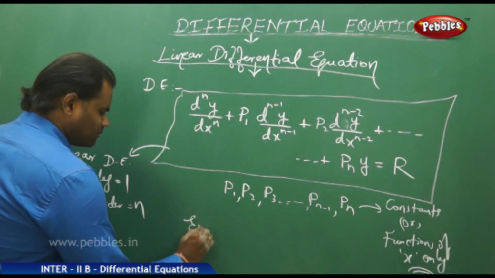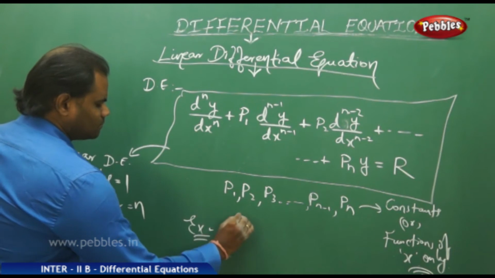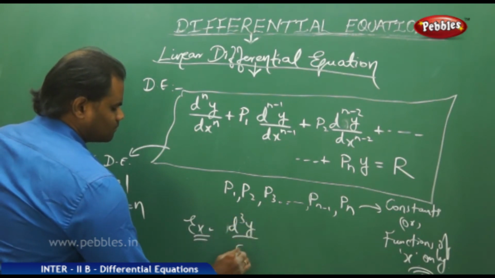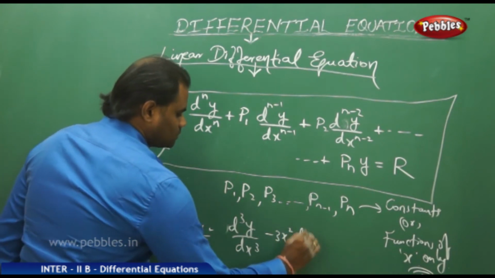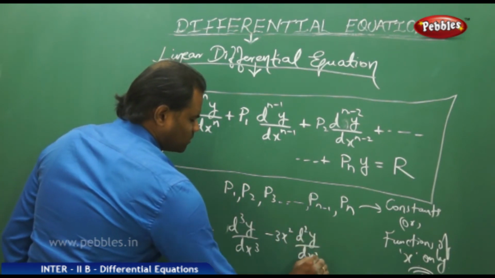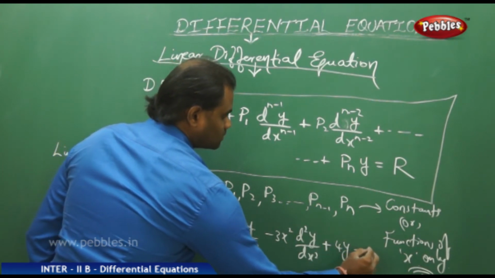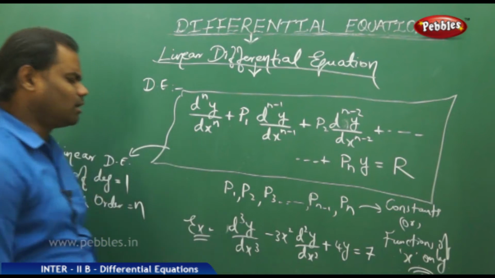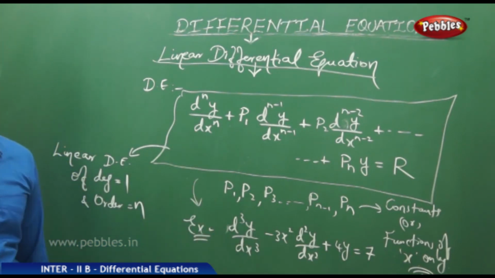For example, minus 3x squared d square y by dx squared plus 4y equals 7 is how we connect this with linear differential equation.